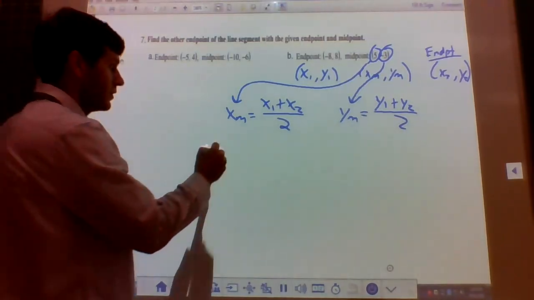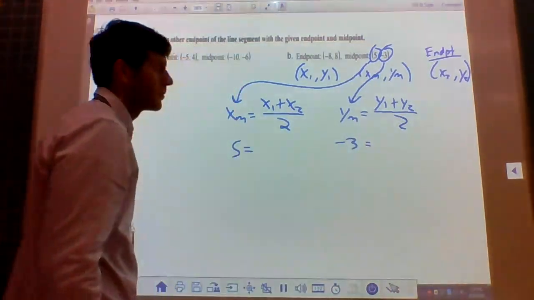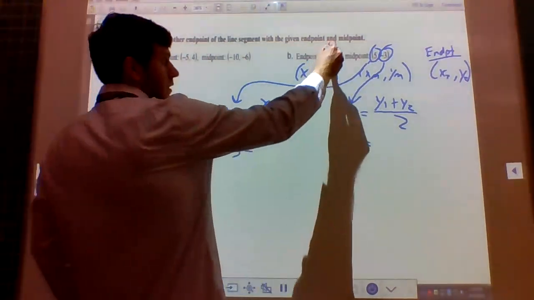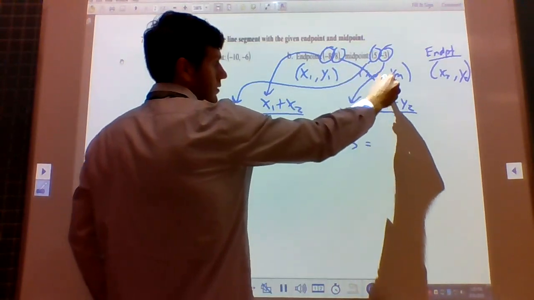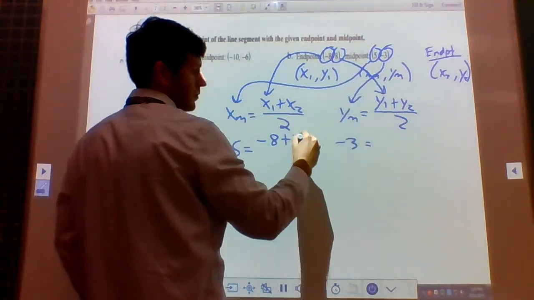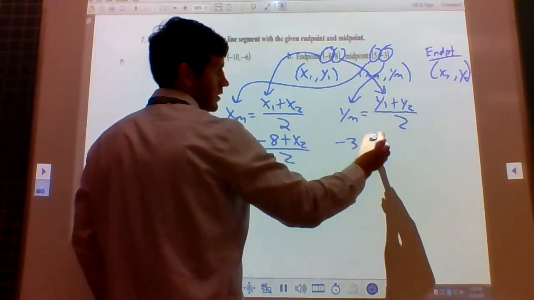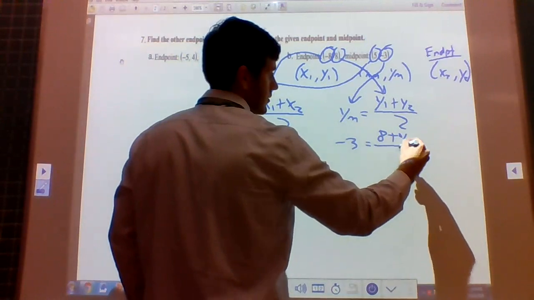So we have 5 equals and -3 equals. Here's the endpoint we have. This is x1, and that's y1. So we have -8, and we don't know x2 and y2. So plus x2 divided by 2, 8 plus y2 divided by 2.